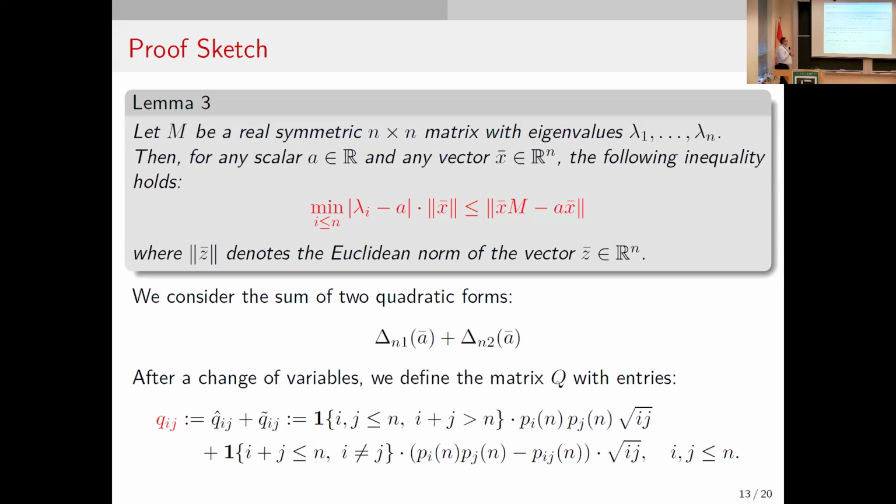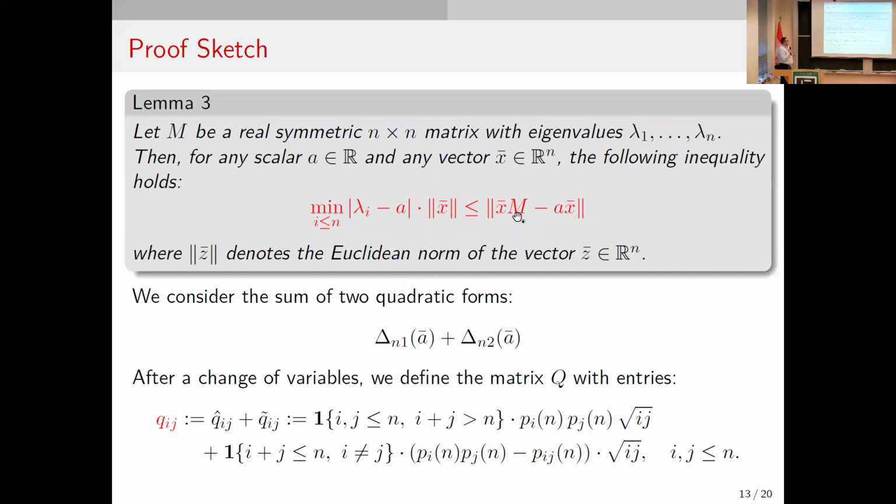We use lemma 3, which is a well-known linear algebra fact. So for any matrix M, we can choose a vector x and a scalar value a, and this inequality will hold here.